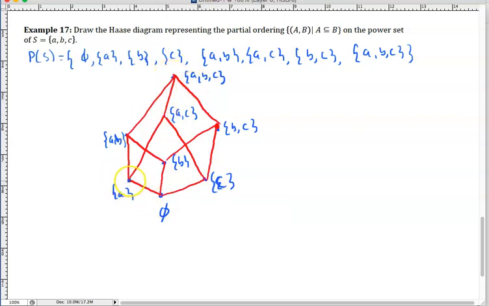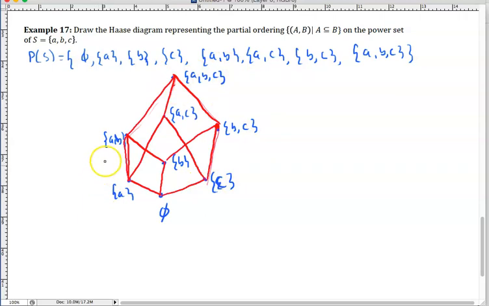So for example, A is a subset of ABC because you can get there by following this line and that line, or this line and that line. Okay? And C is a subset of ABC because you can follow this line to that line, or this line to that line. Okay, so as long as you can get there through a path, then in the Hasse diagram you don't have to draw a separate line from this node to that node.